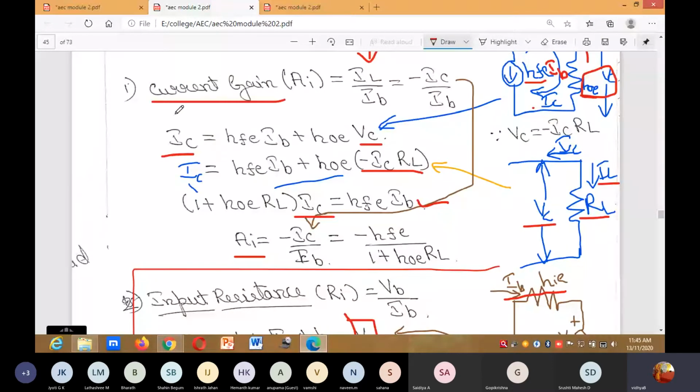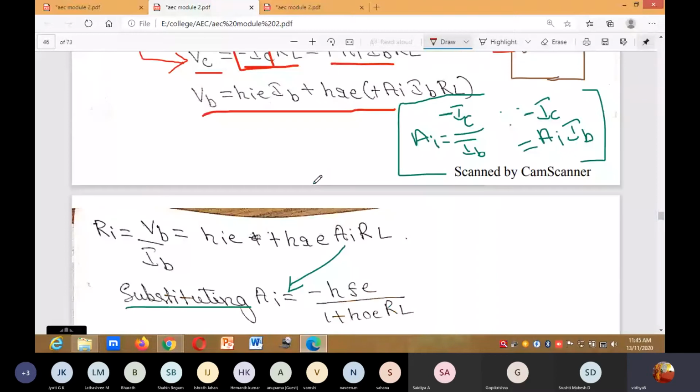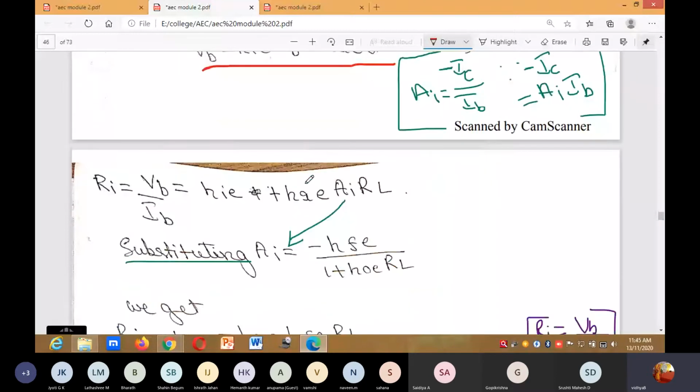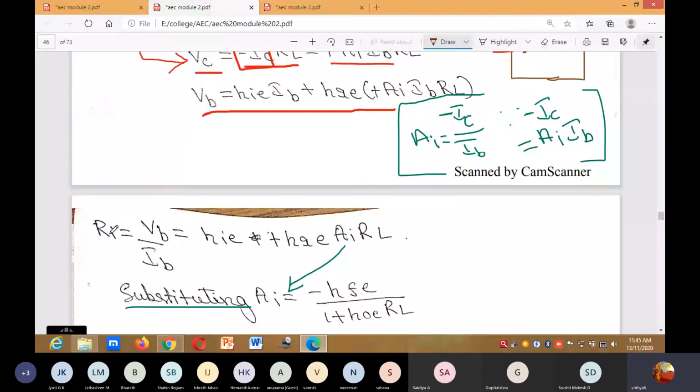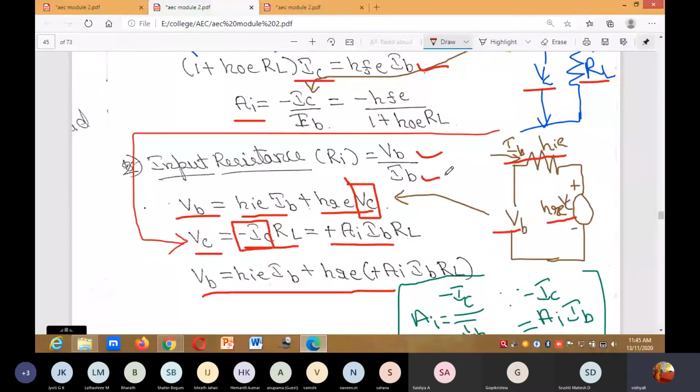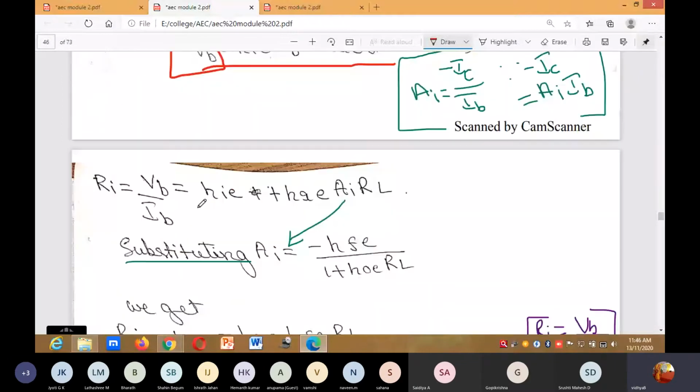current gain and input resistance. Next, from this equation, Ri is equal to VB divided by IB. Now we know the value of VB, so substitute the value of VB. You will get HIE plus HIE into AI into RL. But what is the value of AI?